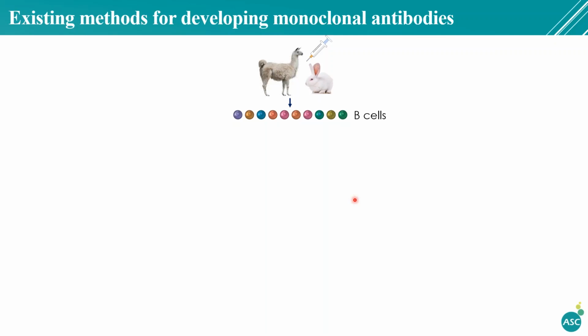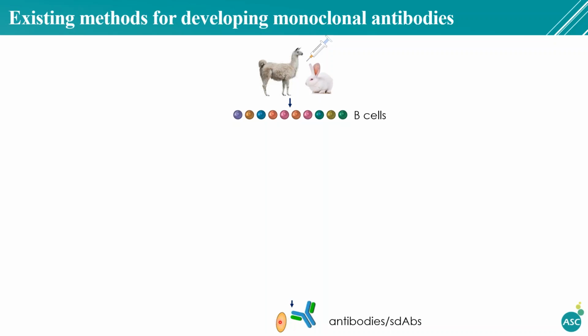Most antibodies were still derived from animal immunization and the B cells generated from the animals. From there, we eventually get the antibodies either in their conventional form or as single domain antibodies, which are probably better known as nanobodies that are being increasingly used today.